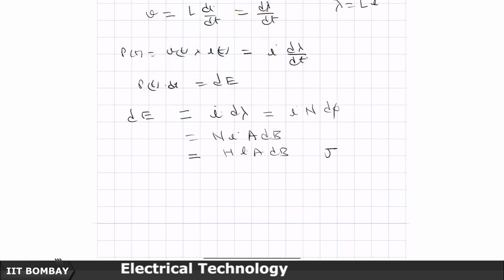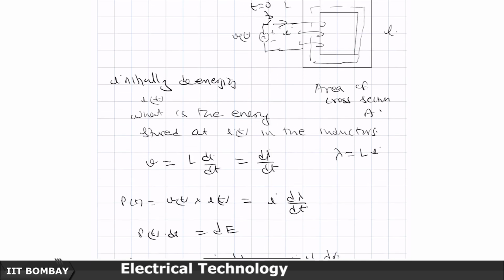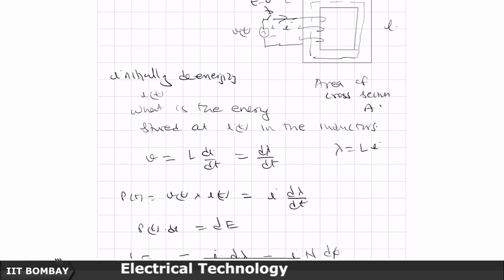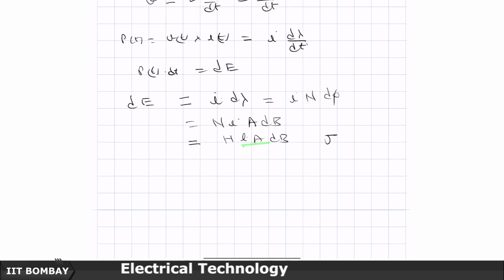So if you look at this, L times A is the volume of the iron here, area of cross section is A, and the average length of the magnetic circuit is L. So therefore L times A is basically the volume of it. So if I divide dE by L times A, then it becomes H dB, whose unit is joules per meter cube.